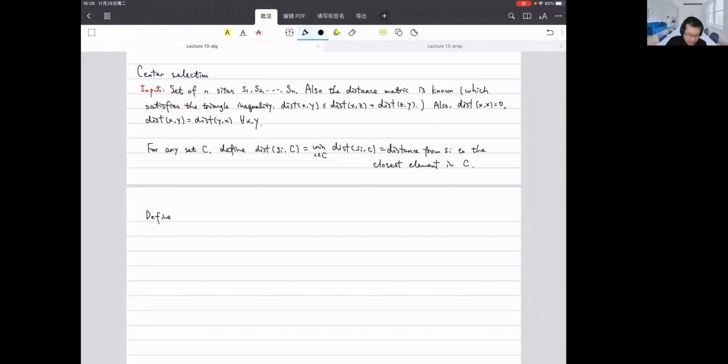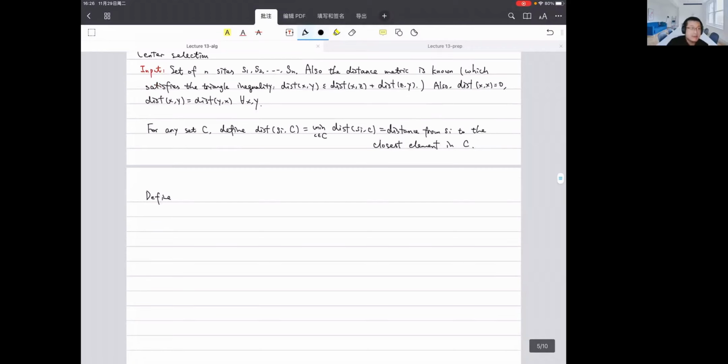After having this definition, we can define another function, r of C, to be the maximum among all the sites of the distance to C. Intuitively, you can imagine this as the smallest covering radius.